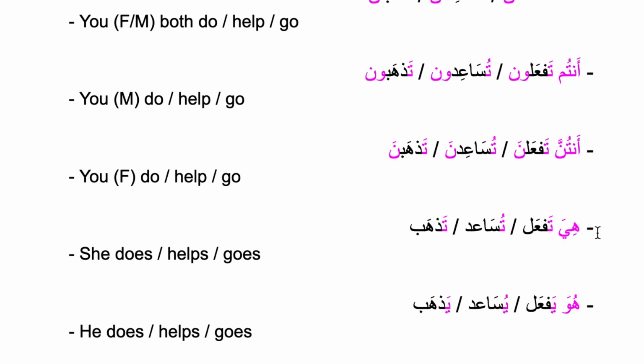The next example, hiya means she, taf'al means she does. The prefix of hiya is ta, and there is no suffix for hiya. The second example, tusa'id, tusa'id, and it means she helps. The third example, tadhhab, tadhhab, and it means she goes.